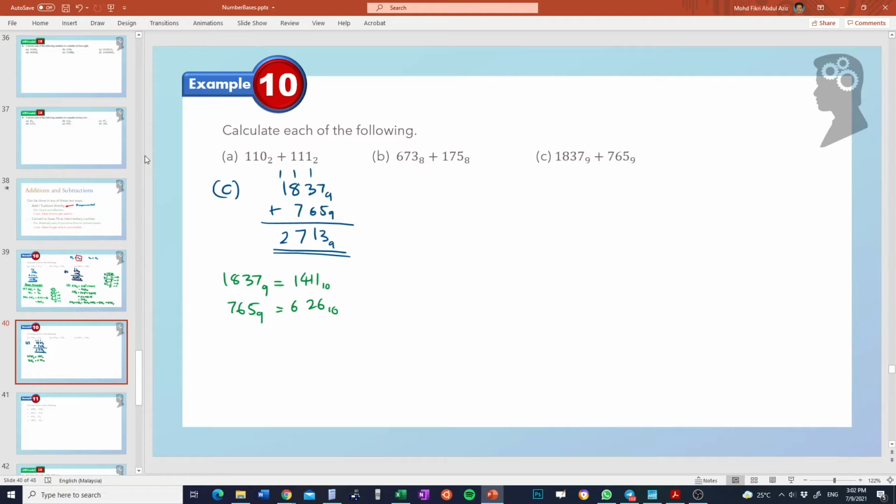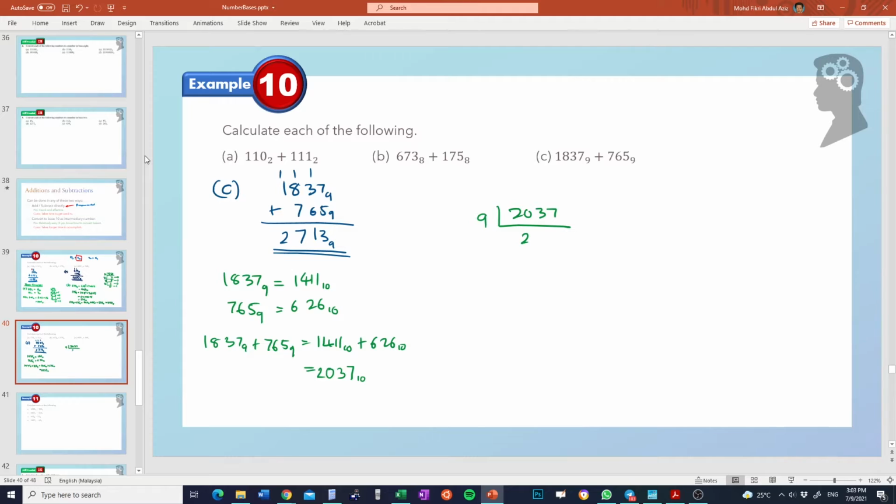So if you want to add them up, 1837 base 9 plus 765 base 9, that is 1411 base 10 plus 626 base 10, which is 2037 base 10. So convert it to become base 9.